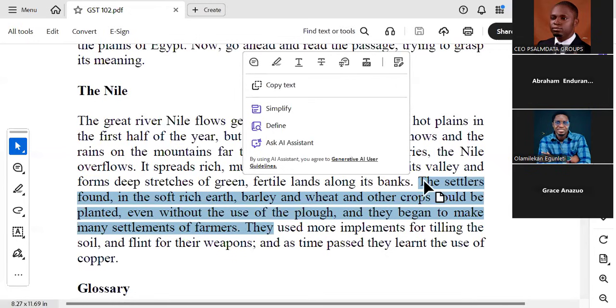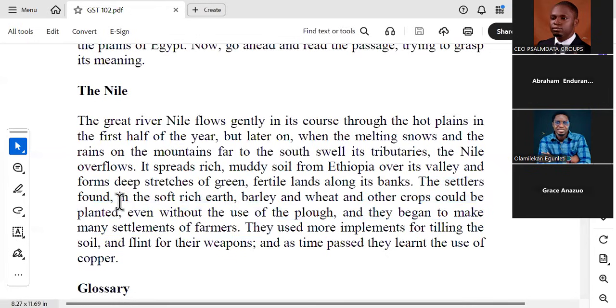What if we say the settlers found that barley and wheat and other crops could be planted even without the use of plow? Can that stand alone? The settlers found that barley and wheat and other crops could be planted even without the use of plow.